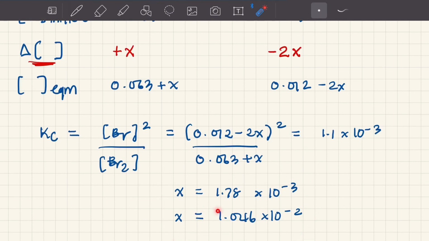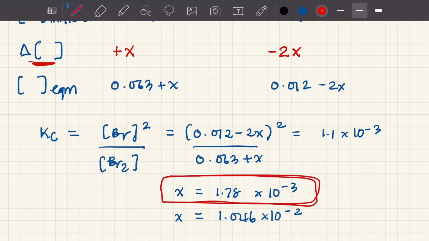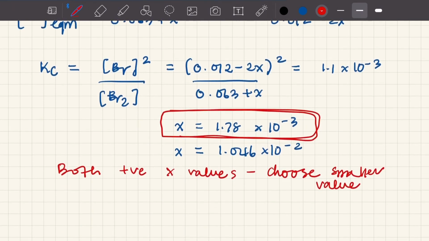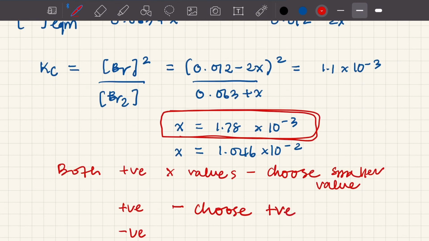Okay, so in this case you're going to use this one. This is smaller kan? So use this value. If you get both positive X values, choose smaller value. Okay. If you get one positive and one negative, choose positive value. Okay.